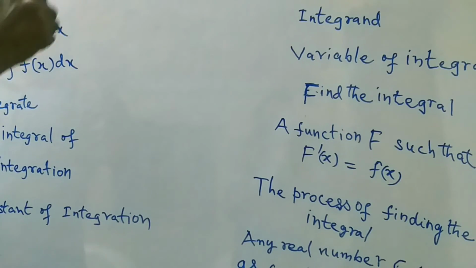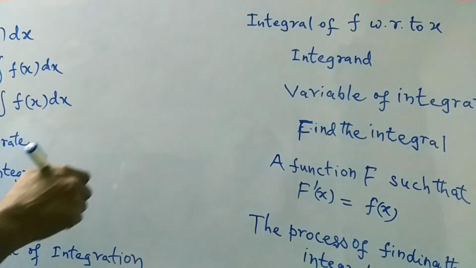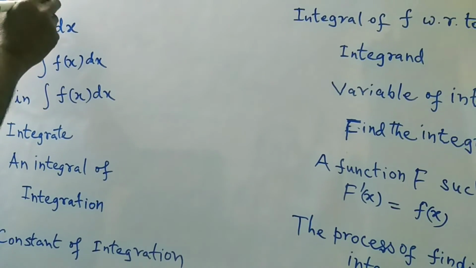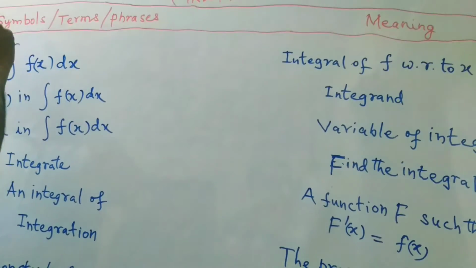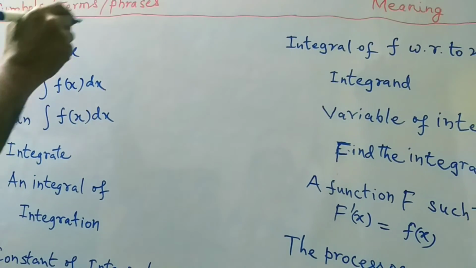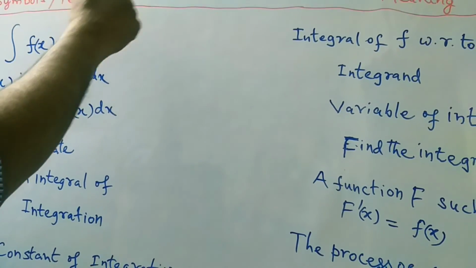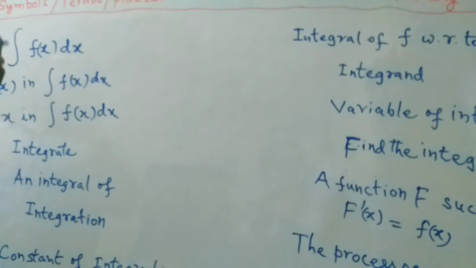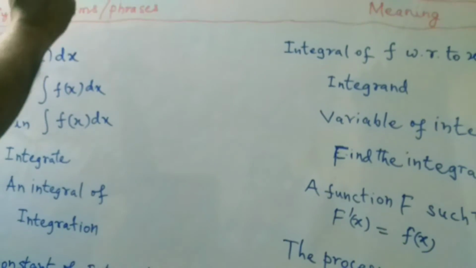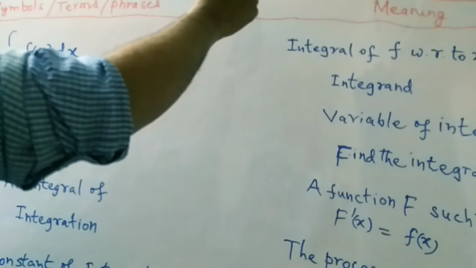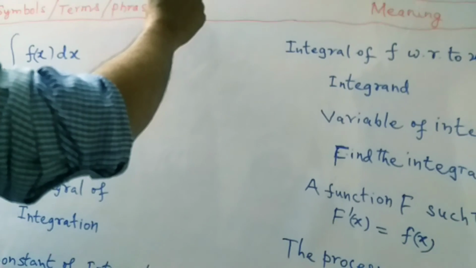This is the tabular form of the definition of indefinite integration. In this, symbols are there, terms are there, phrases are there, and their meanings are given. So this is the tabular form of the definition of integration, or indefinite integral.